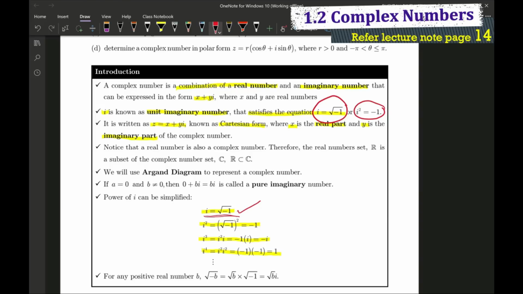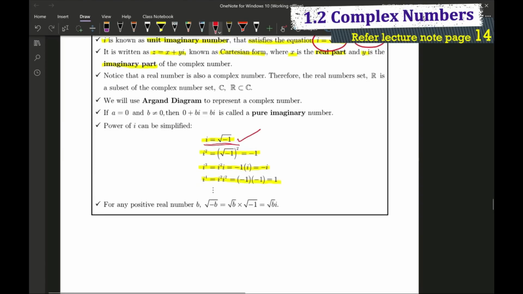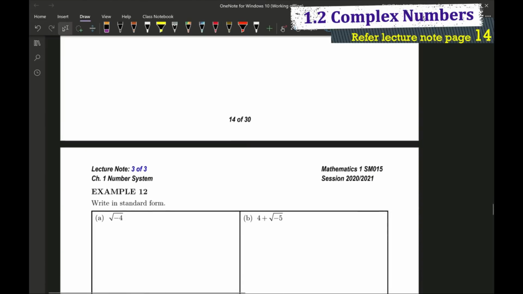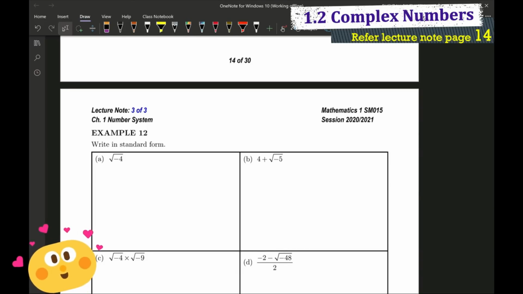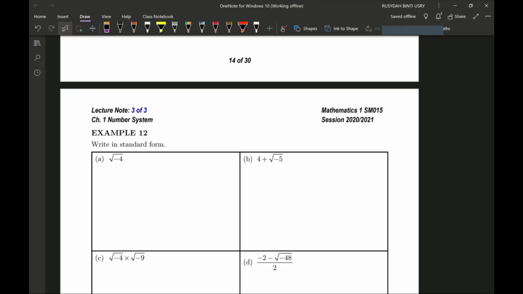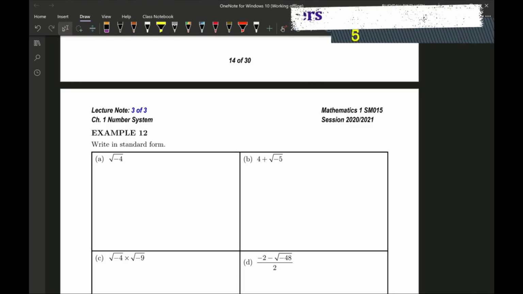So we try to look at example 12. Where is example 12? This is example 12. Now, the first thing is we need to simplify this, because from our previous lesson, from what you went through during your Form 4, Form 5, the square root cannot be negative.